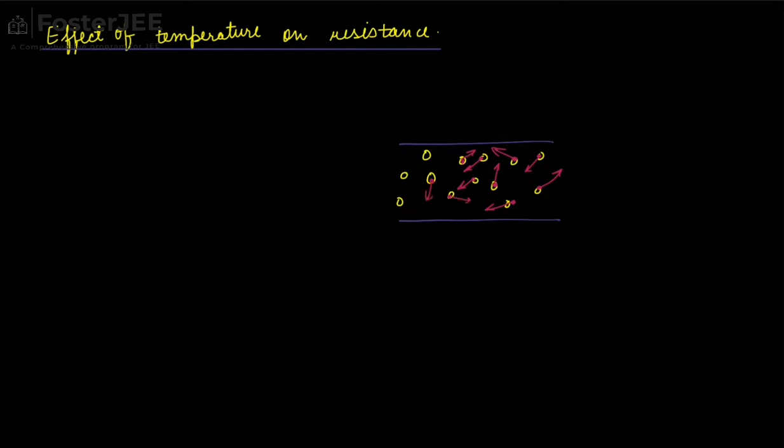And hence, since the velocity or the kinetic energy is also high in this case, we will write: if temperature increases, kinetic energy increases, which will result in more randomness.